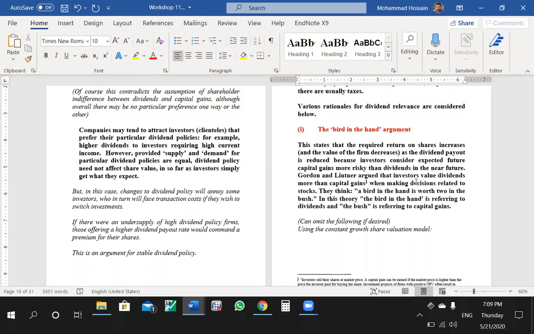So look, it's not necessarily only the company's performance that is everything. When you go in the secondary market, the demand for a company's specific dividend policy will also have some effect on your share price.